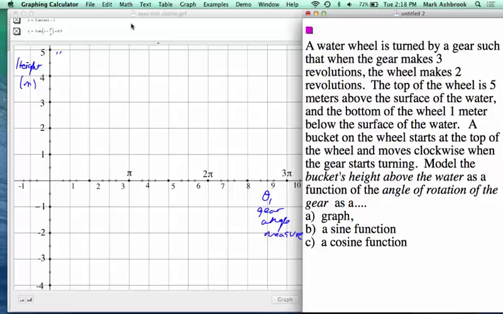So what can you get? You need to get the min, the midline, the max, and the period. And you can sketch this. All you need is the min, midline, max, and period to sketch this.